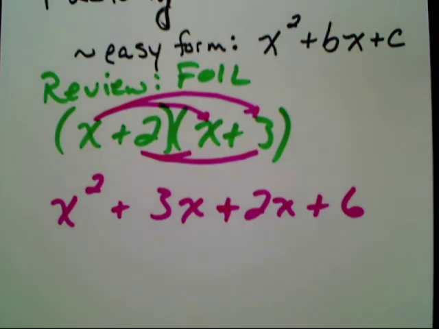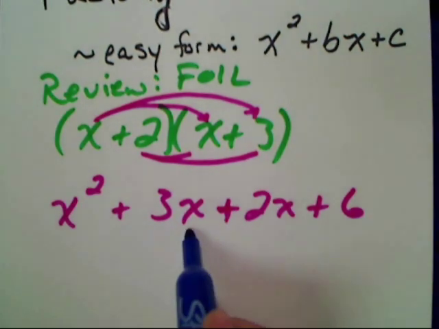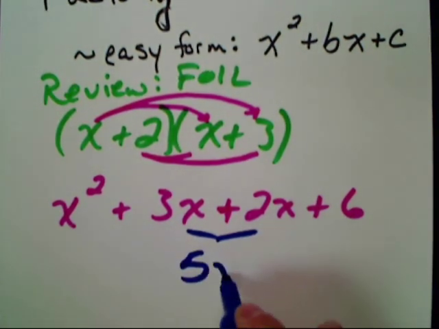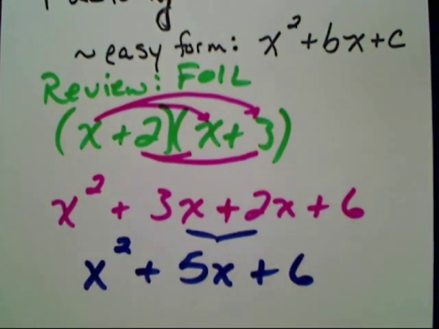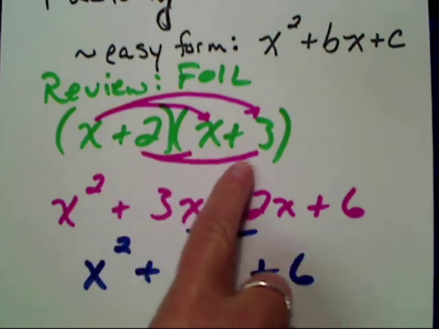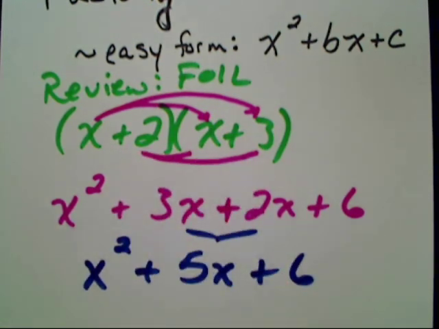And so we then combined them and said, 3x plus 2x would give me 5x. Plus 6 comes along, the x squared comes along. So what's happening this week is we're starting with x squared plus 5x plus 6, and we want to rewrite it as this product of x plus 2 and x plus 3. Remember, in Mathland, it's all about learning how to go forward and then learning how to go back and undo what you just did.